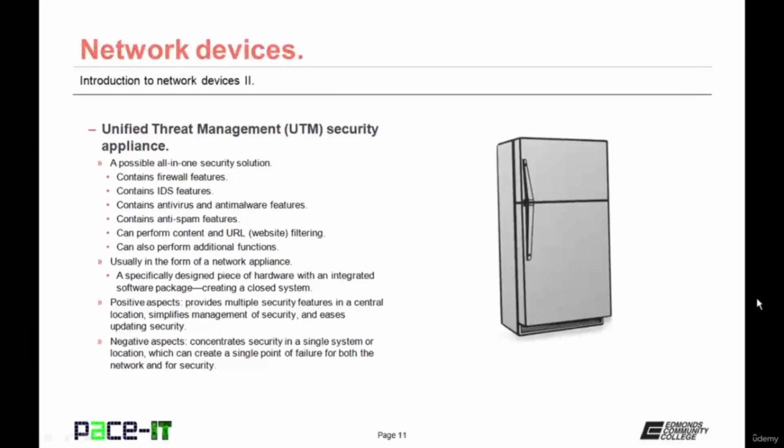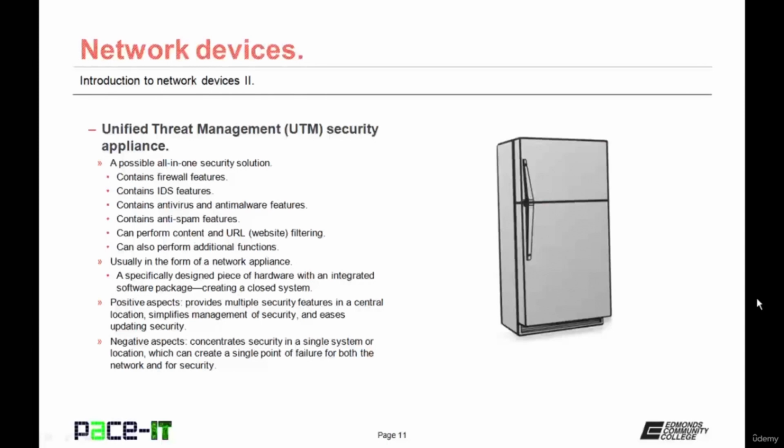Then there's the Unified Threat Management Security Appliance, or the UTM security appliance. It is a possible all-in-one security solution. It may contain firewall features, it may contain IDS features, or intrusion detection system features. It can contain antivirus and anti-malware features. Your UTM may also have anti-spam features.